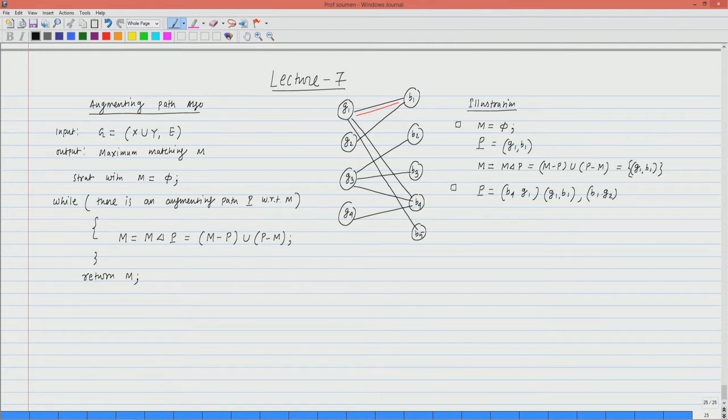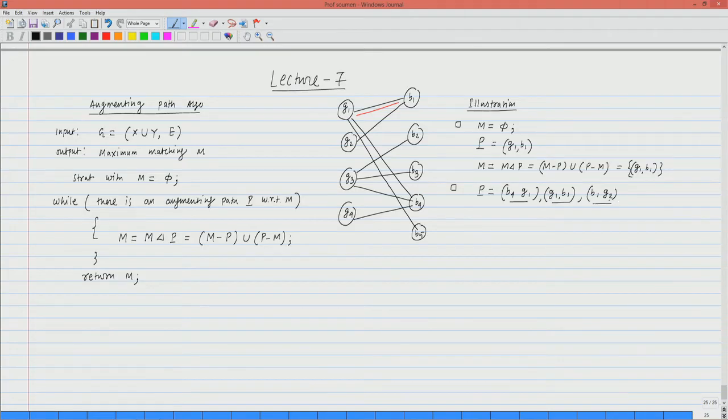B4 G1 B1 G2, this is an augmenting path because it is an unmatched edge, matched edge, unmatched edge.